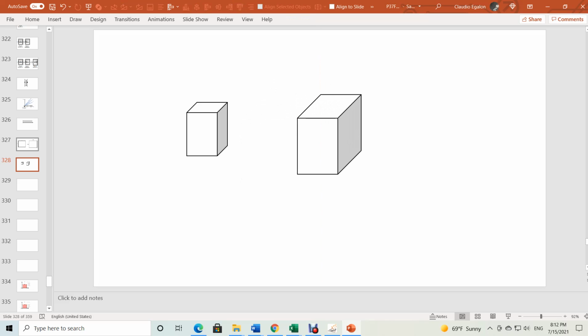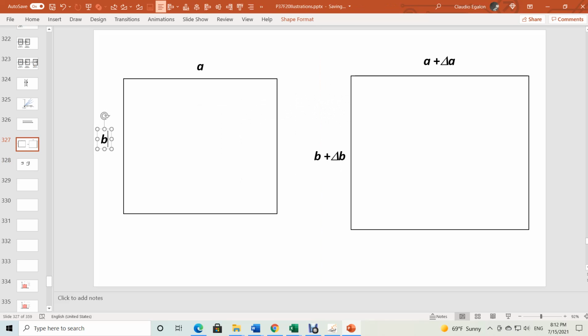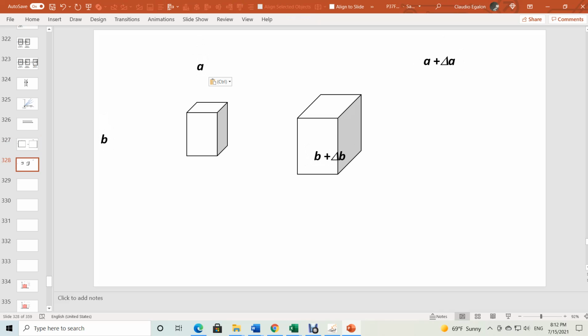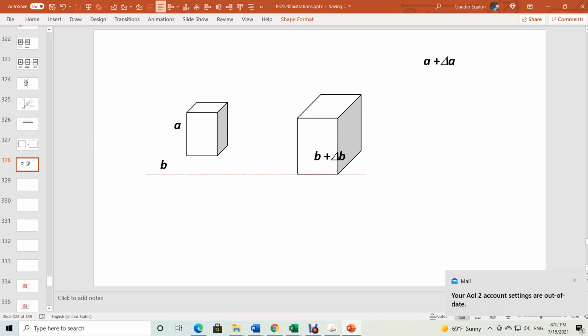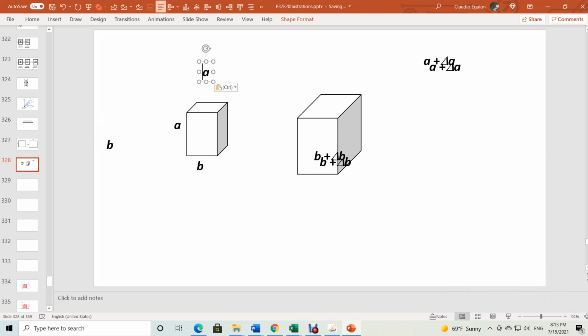We apply exactly the same reasoning that we got before. This one is A, let's say this one is B, and this one here is C. Okay?